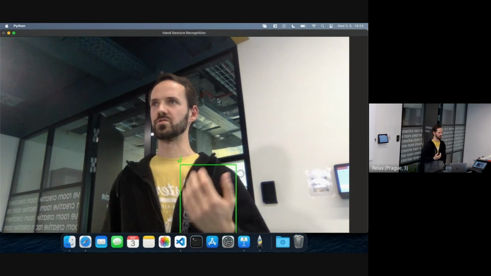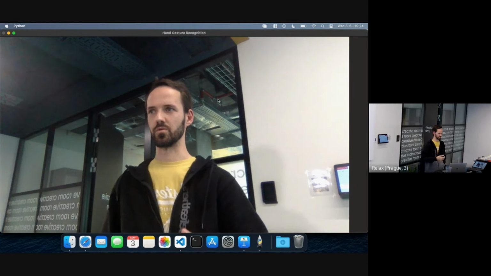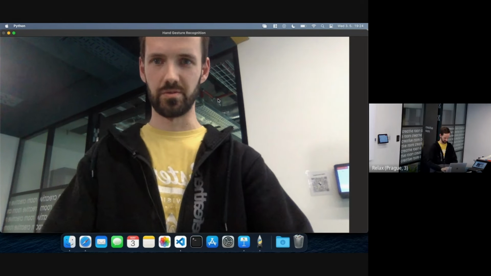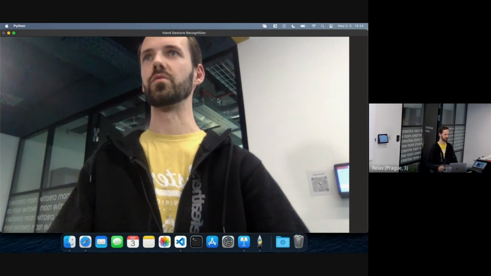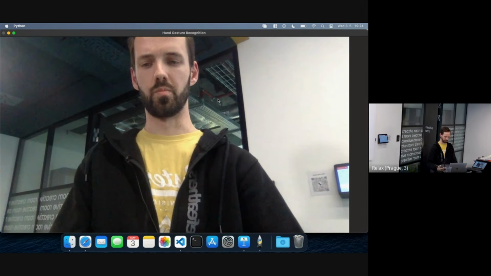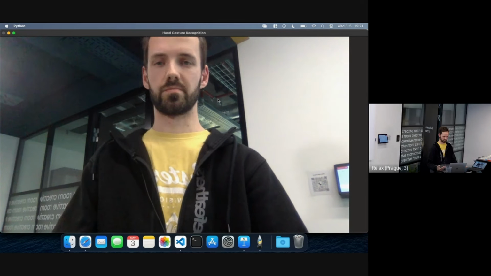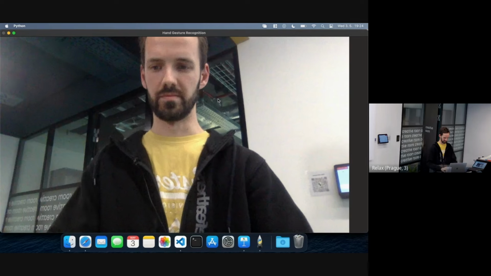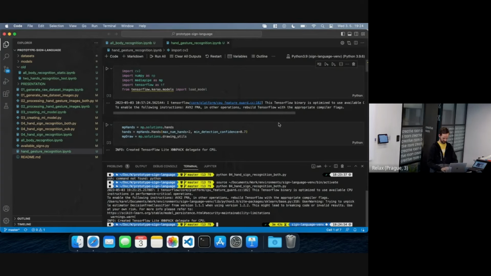It was just straight rude with one of my colleagues when he was showing some signs, and it told him that everything is just thumbs down. But it really depends, and this can be easily solved with including more people with more images into the data set, and then this issue basically disappears.